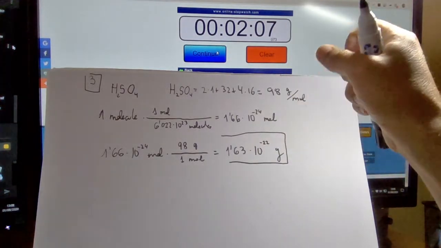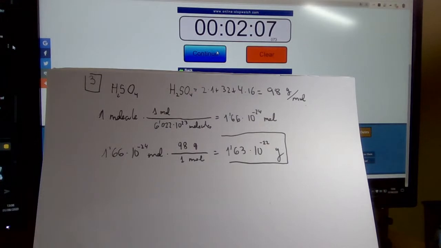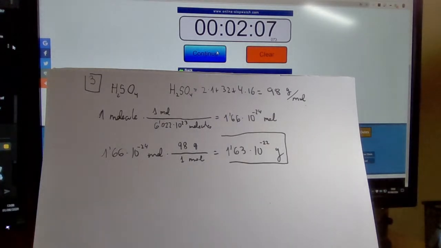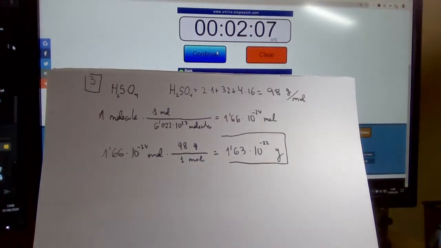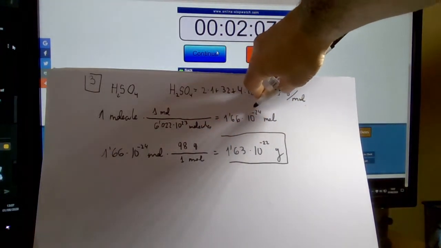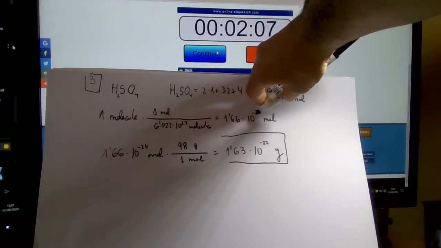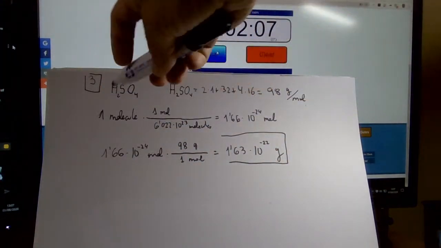Did you have a mistake or something wrong here? No, I think it's okay. Okay, so be careful, 10 to the 23. Be careful with the sign, okay? I think you divided something wrong.